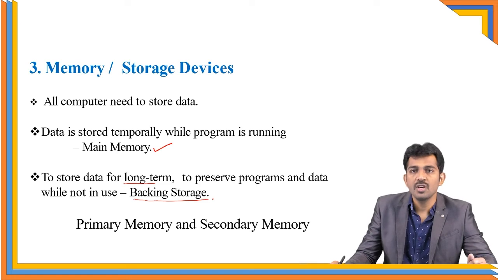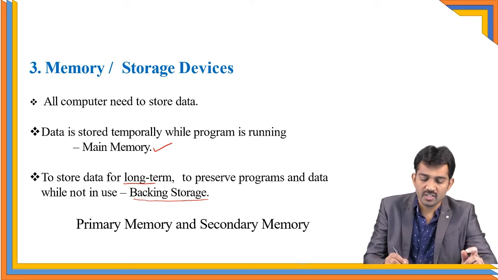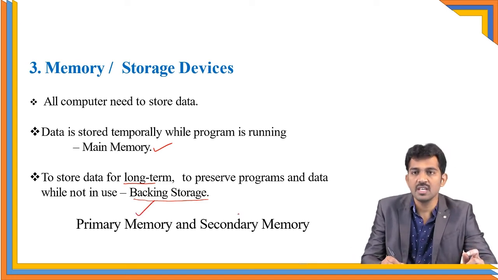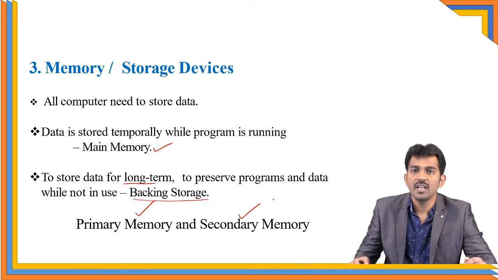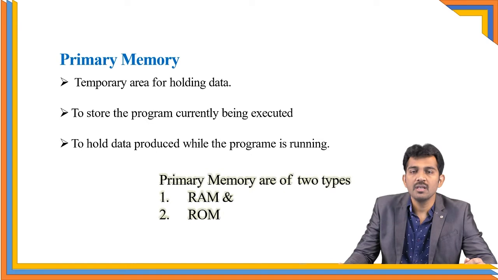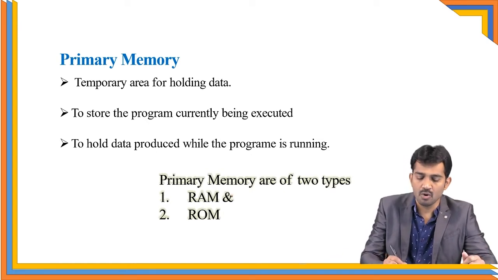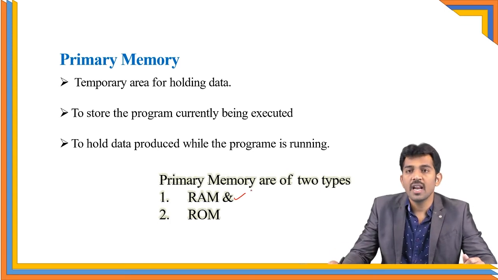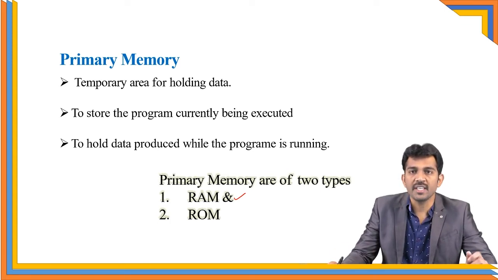Secondary memory. Memory is broadly divided into two ways, right? The first one is primary and the second one is secondary. Let us see the primary memory devices. Primary memory is broadly divided into two kinds, RAM and ROM, random access memory and read-only memory. RAM is a temporary area for holding data, meaning the currently running programs are stored in RAM.